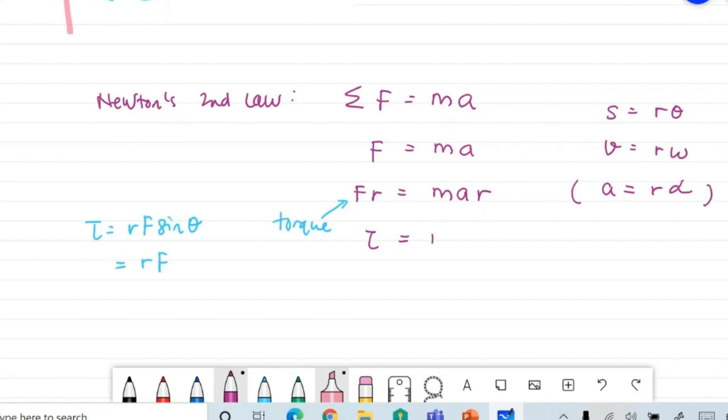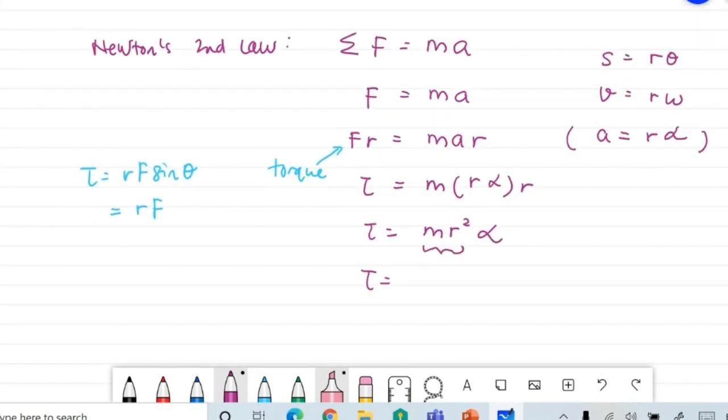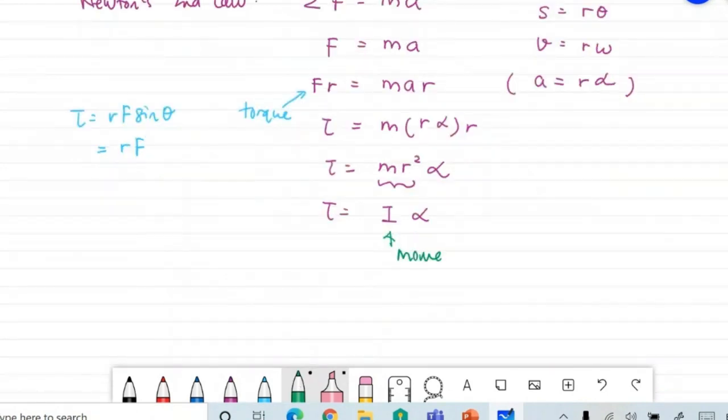So here, a equals R alpha, and eventually I will get the torque as mR squared alpha. This mR squared alpha, I call it I alpha, and this I, we name it as moment of inertia. This is also called Newton's second law for rotational motion, right?